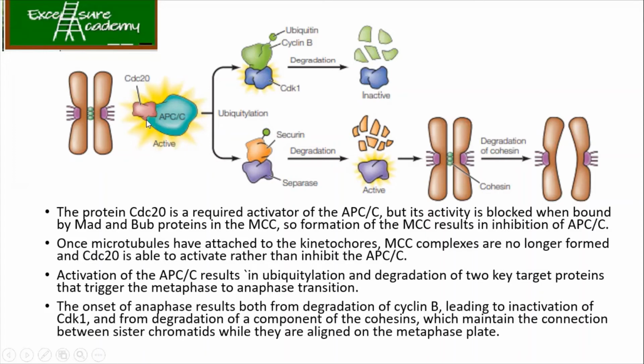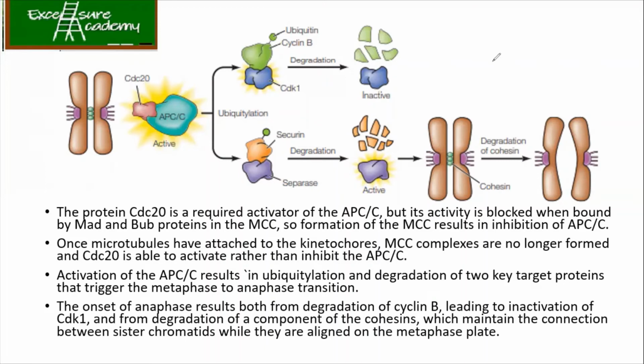So CDC20 is required for the activation of APC, but CDC20 is bound with other MCC proteins. So जब तक वो उसके साथ bound रहेगा in the mitotic checkpoint complex, it cannot activate your APC. Once microtubules have attached to the kinetochores, the complex is no longer formed and CDC20 is able to activate rather than inhibit APC.